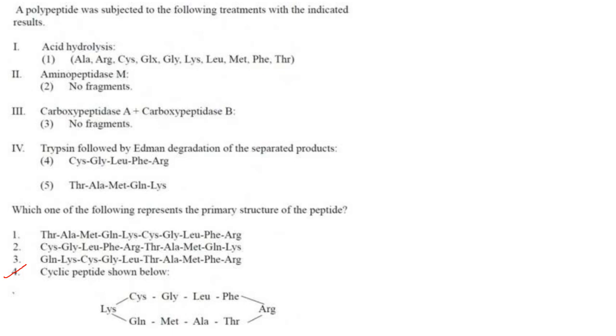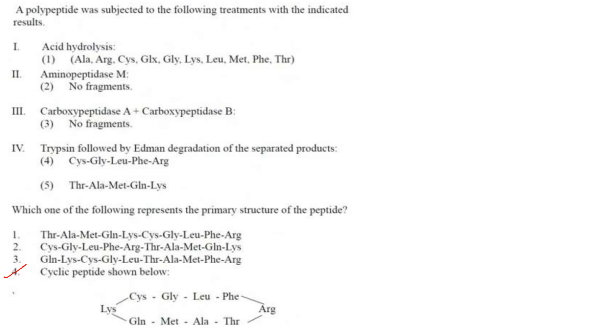Then next one. A polypeptide was subjected to the following treatment with indicated result. Acid hydrolysis gave this one. Aminopeptidase M didn't give any fragments. Carboxypeptidase A plus carboxypeptidase B also didn't give any fragment. Trypsin followed by Edman degradation of the separated products gave this.